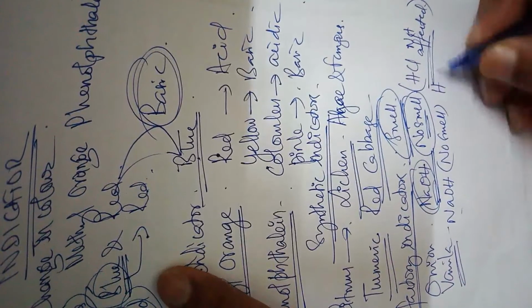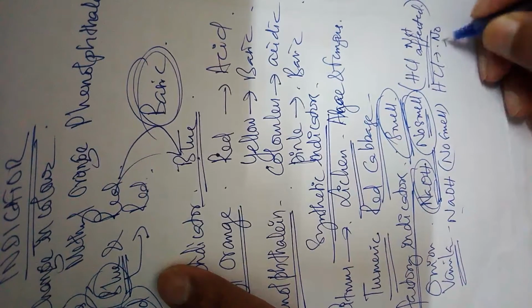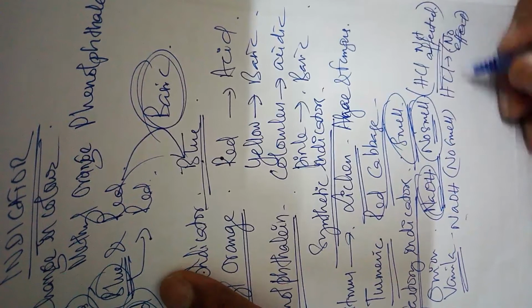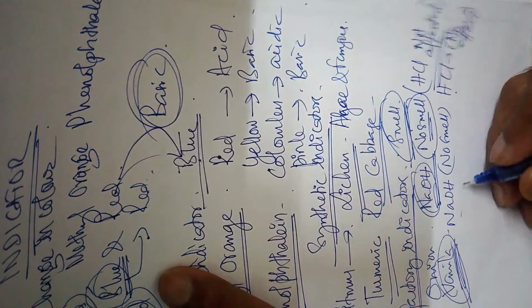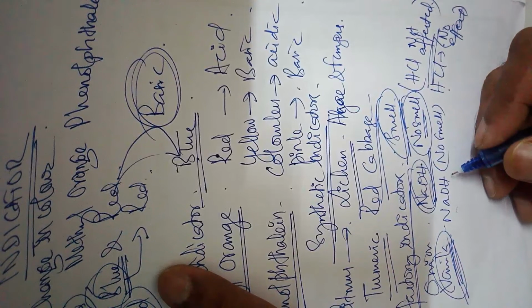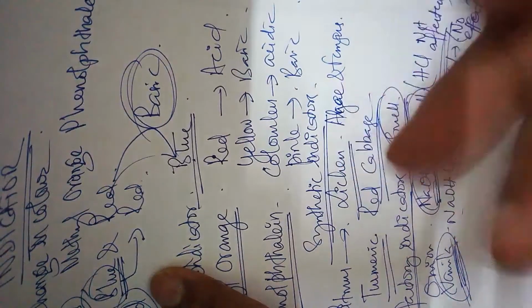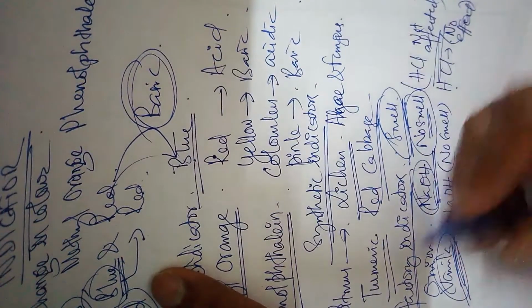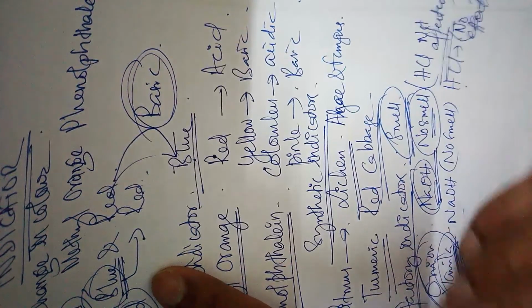And in hydrochloric acid solution, there is no effect of acid on vanilla smell. This type of indicators which show the presence of acids and bases with the help of smell are known as olfactory indicators. We can say onion and vanilla are olfactory indicators.